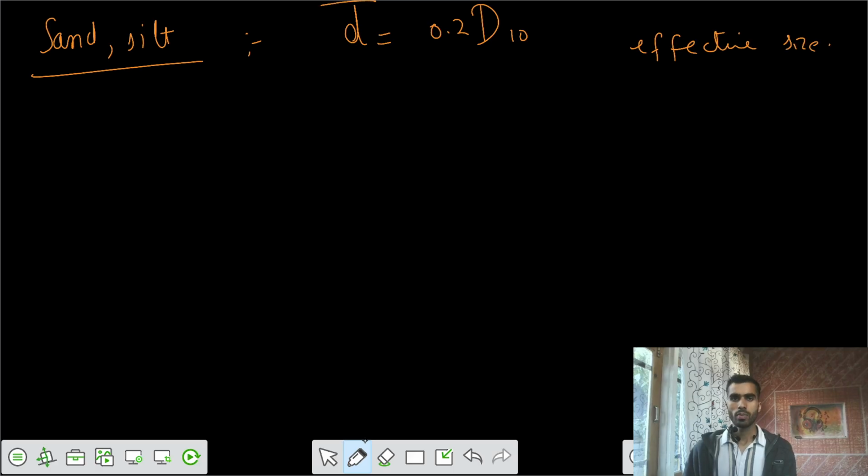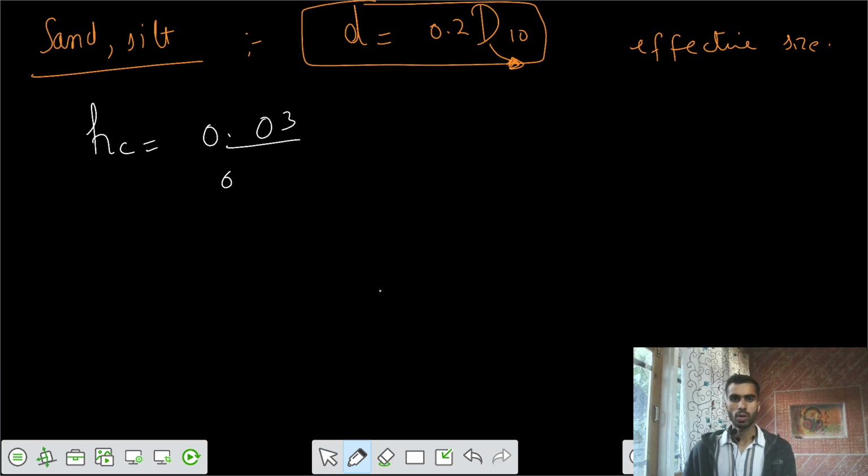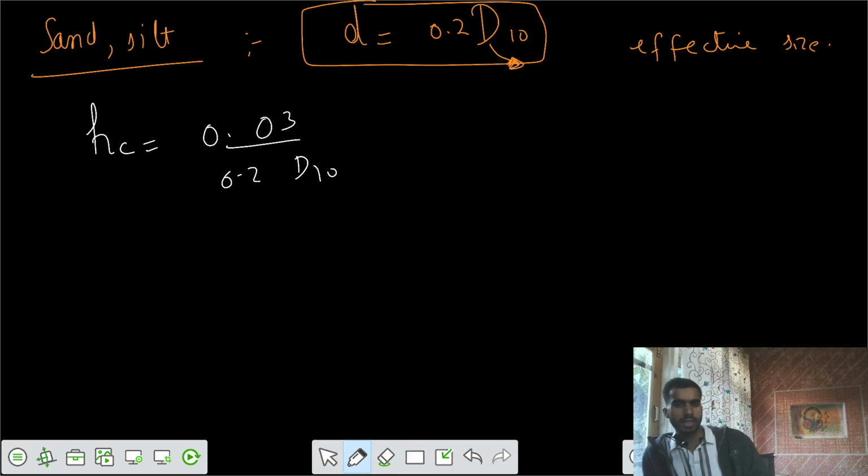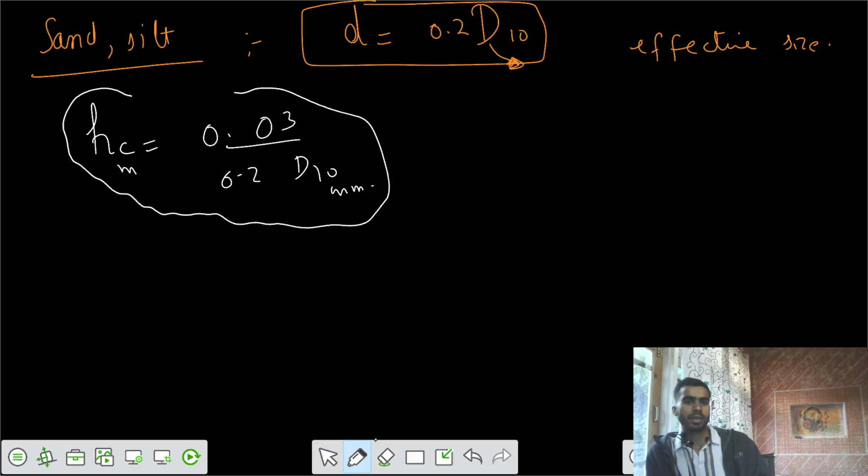If you substitute the diameter of the tube as 0.2 D10 of that soil, our equation becomes capillary rise hc equals 0.03 divided by 0.2 D10. Here D10 is in millimeters and hc is in meters. So that's the capillary rise in case of sand and silt.